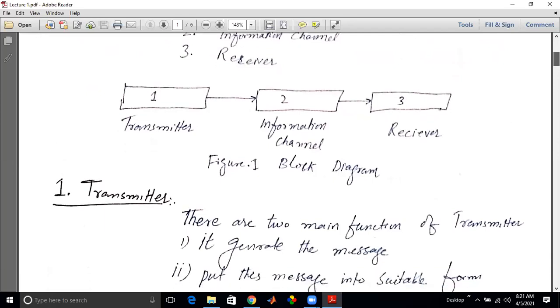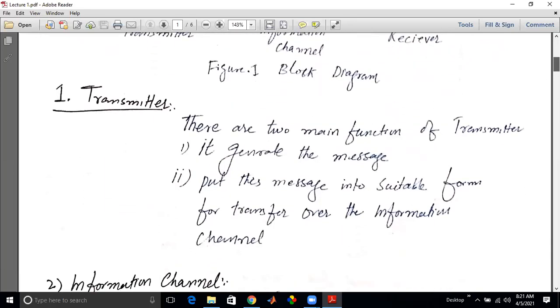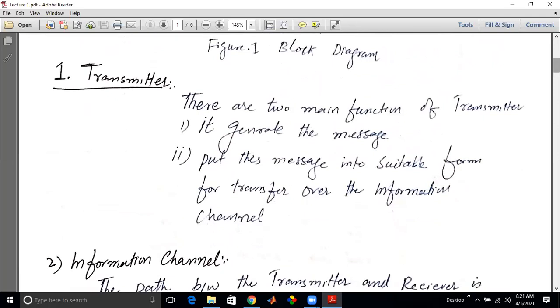So what is the function of the transmitter? There are two main functions of the transmitter. It generates the message. When you want to transmit information from a transmitter to a receiver, the transmitter will generate the message. This message will contain some information which you want to share with someone else.